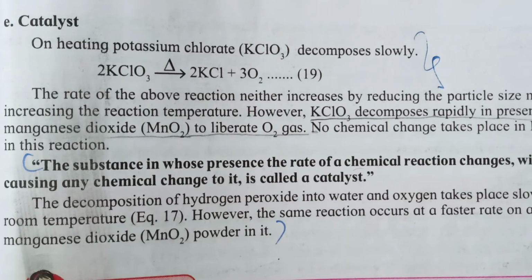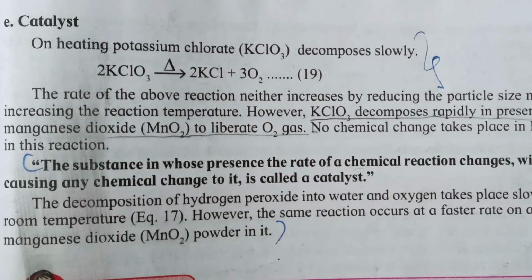But when we included manganese dioxide in our reaction, the reaction speeded up. Not magically, but due to the presence of manganese dioxide, because manganese dioxide is a catalyst. This catalyst speeded up the reaction, and no chemical change took place in it during this reaction.